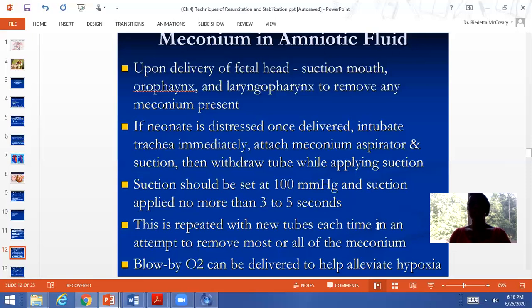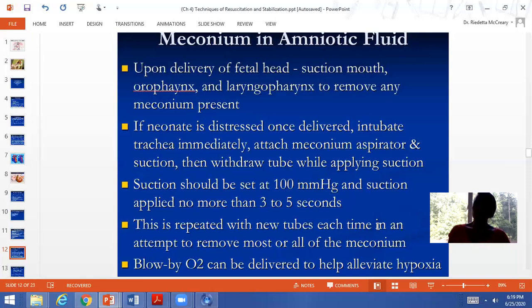So when you're applying suction, suction should be set at 100 millimeters of mercury and applied no more than 3 to 5 seconds. This is repeated with new tubes each time, as I stated earlier, in an attempt to remove most or all of the meconium. Blow-by O2 can be delivered to help alleviate hypoxia. Of course, we're going to use the chart with the appropriate saturation for the given times.